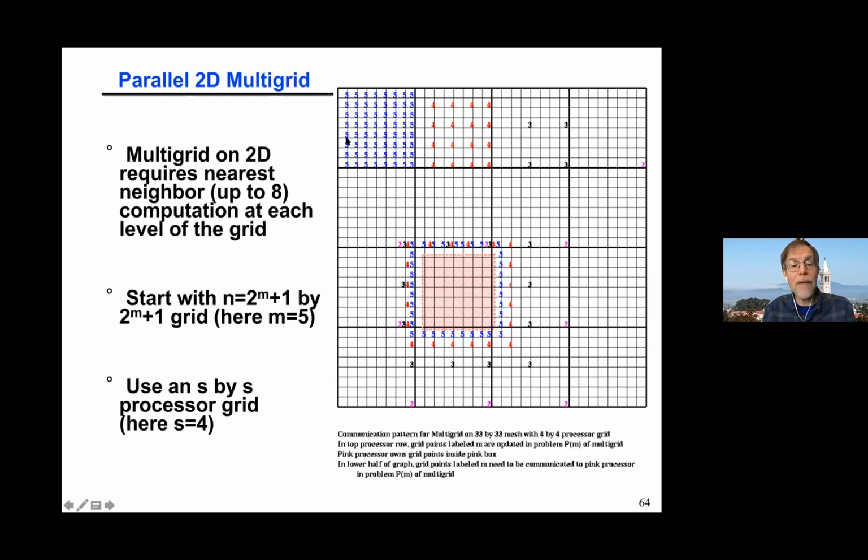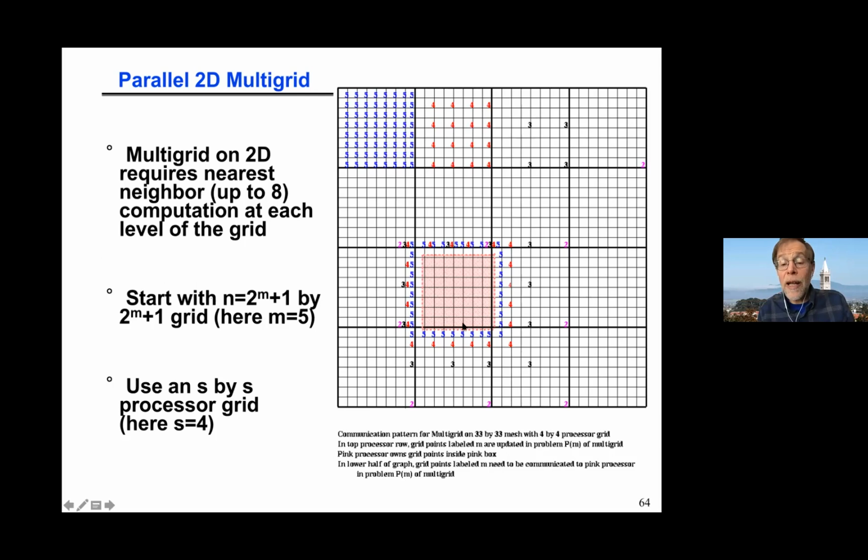So this is P5, and I've just labeled the points here. Problem P superscript 4, I take every other mesh point, and I get the points labeled 4. Problem P3, problem P2, there's only one unknown per processor. And finally, if I go even coarser, some processors are idle. So the interesting thing about multigrid is that depending on the number of processors and the number of unknowns, you may have idle processors for the very coarsest problems.